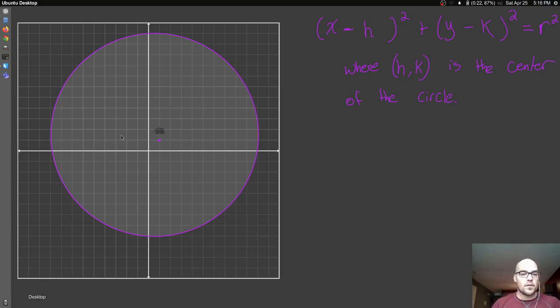So, first of all, let me make sure I labeled that center correctly. If I go up 1, 2, 3, 4, 5, 6, 7, 8, 9, 10, up, and then 1, 2, 3, 4, 5, 6, 7, 8, 9. Okay, so I didn't draw this circle very well because that means the center is actually right here, right?